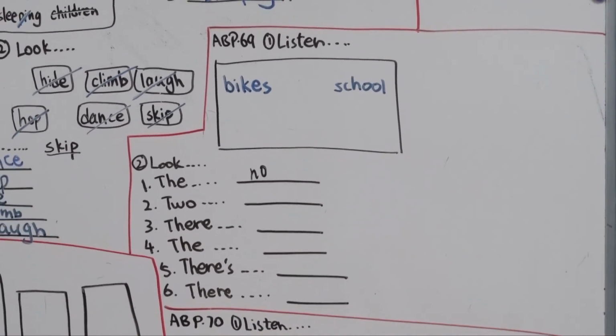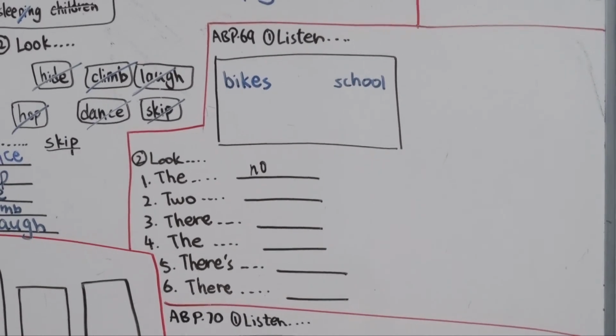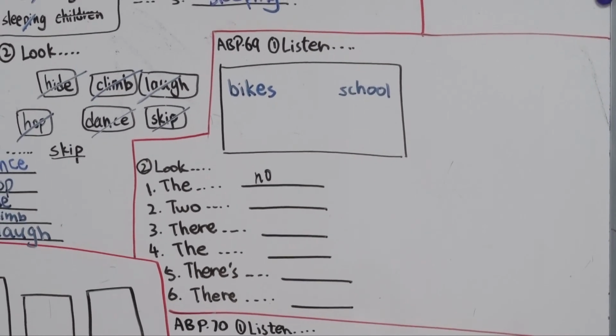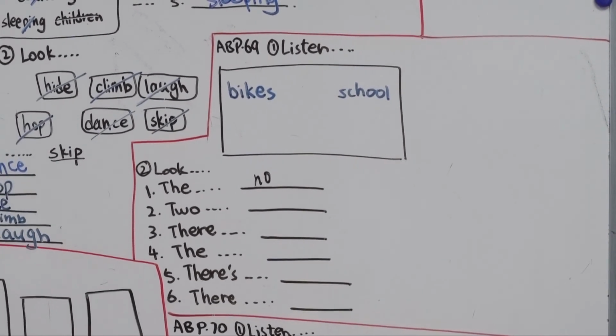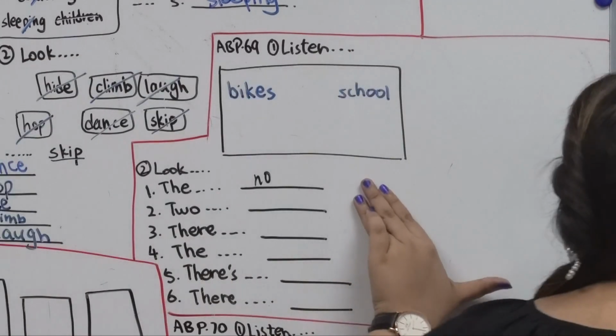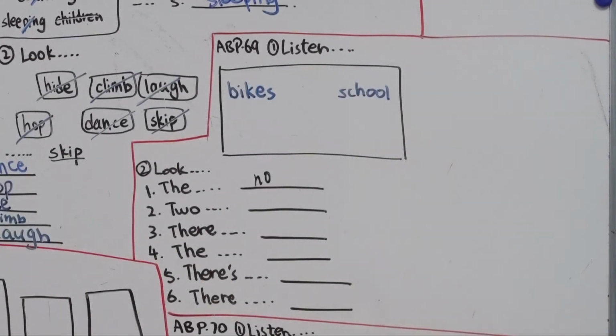Okay, now you have to write yes or no at part 2 according to the picture you have colored and write. Okay, so let's have a look. Number 1, the children are playing in the garden. Are they playing in the garden? No. Where are they playing then? Playground. Good job. 2, children are playing football.